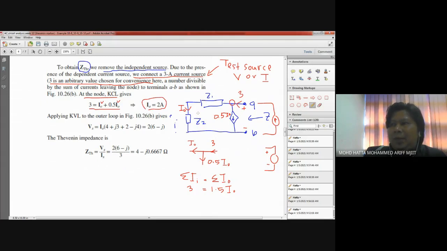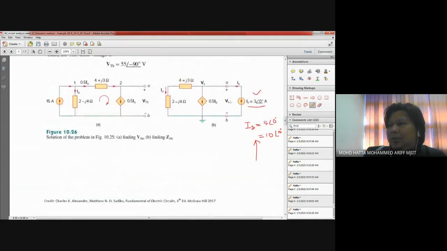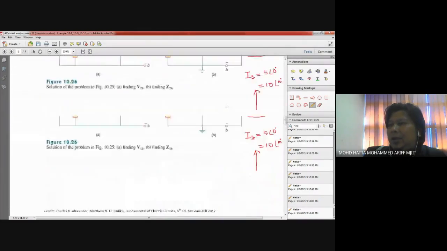And using KVL again, we work out the KVL around this loop. Around that loop, this is the one that we try to calculate, and in this case, we put it as VS. If I'm not mistaken, this is the VS over here.